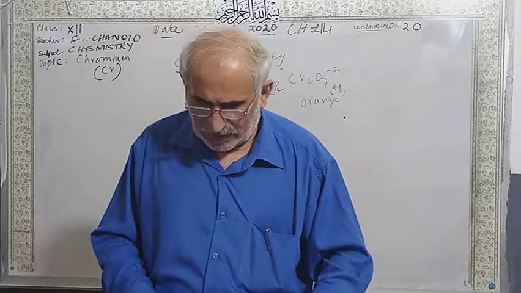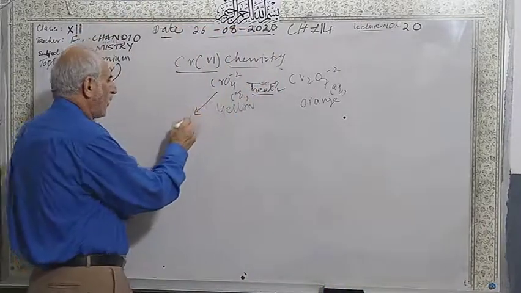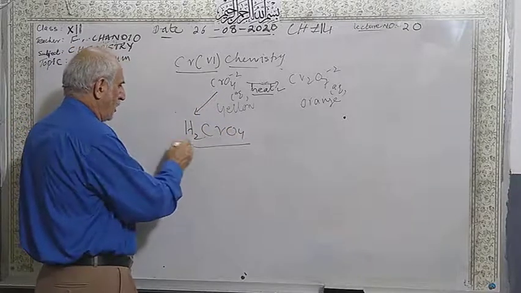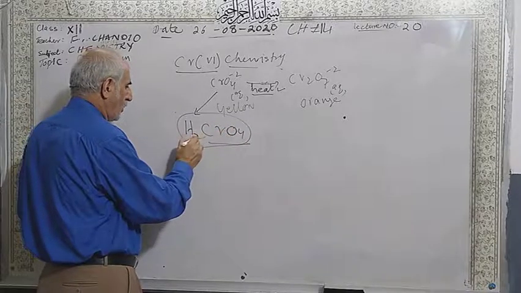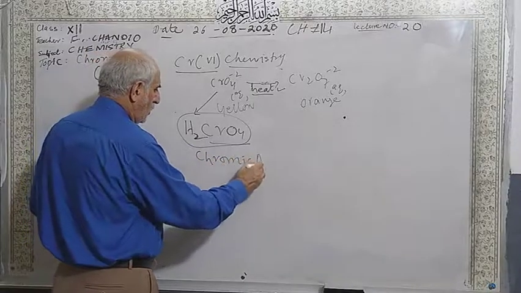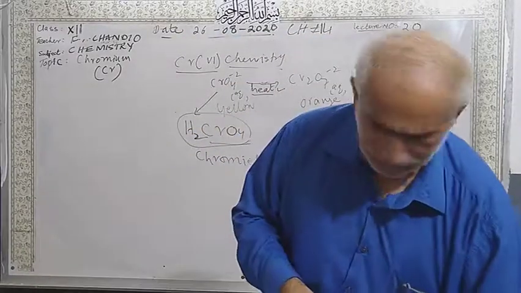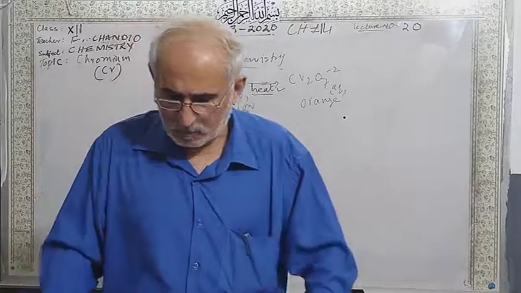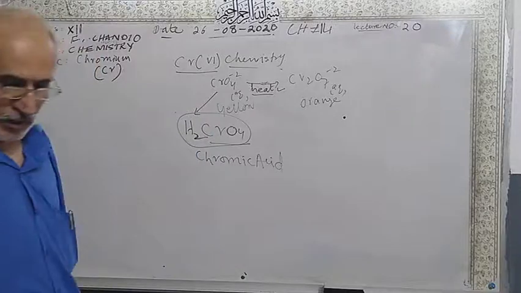Now, from the chromate, this is an acid called chromic acid. This chromate changes into chromic acid by using hydrogen.